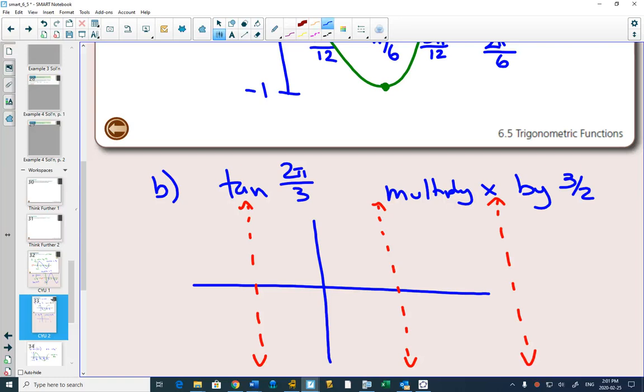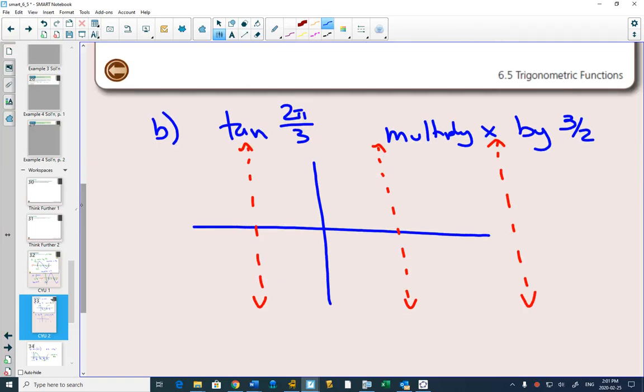But what's going to happen when I multiply? So it was pi over 2. If I multiply it by 3 over 2, can you see that you will get 3 pi over 4? And this one was at 3 pi over 2. If I multiply that by 3 over 2, I'm going to get 9 pi over 4.